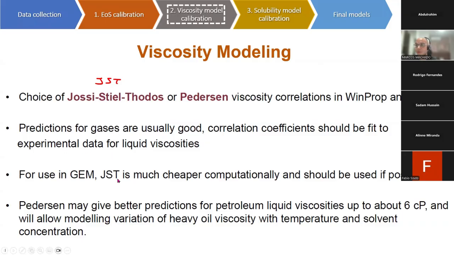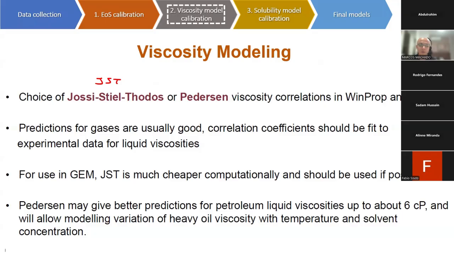JST is more flexible than Pedersen because JST has more coefficients to be tuned, so it has more flexibility. So sometimes JST can handle multiple samples at the same time using the same group of parameters. But Pedersen may be more accurate for oil, especially for heavy oil.